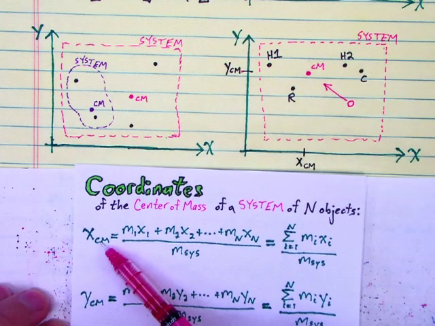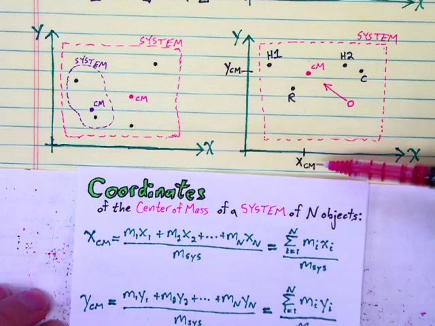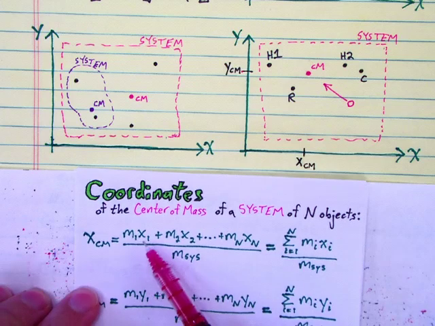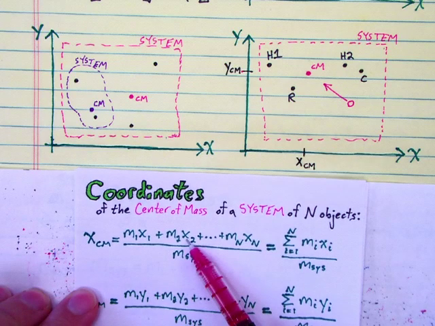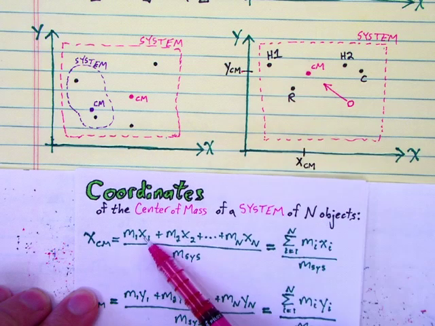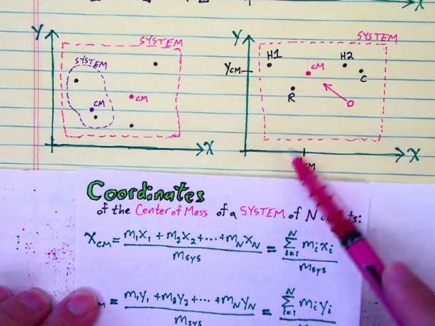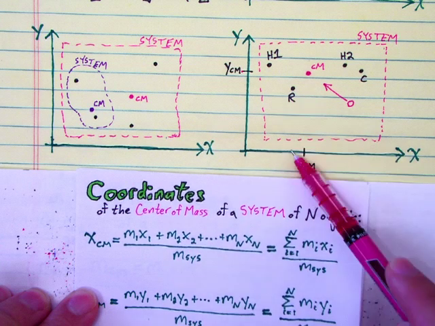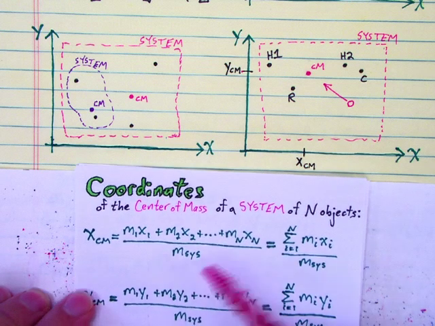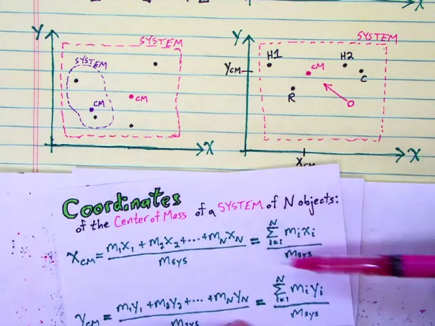The x-coordinate of the center of mass, would be like this value right here, is found by taking the weighted average of the x-coordinates of each object in the system. So mass 1 times its x1 coordinate plus mass 2 times its x2 coordinate, etc., and then divide the whole thing by the mass of the system. This is what it looks like in summation notation.